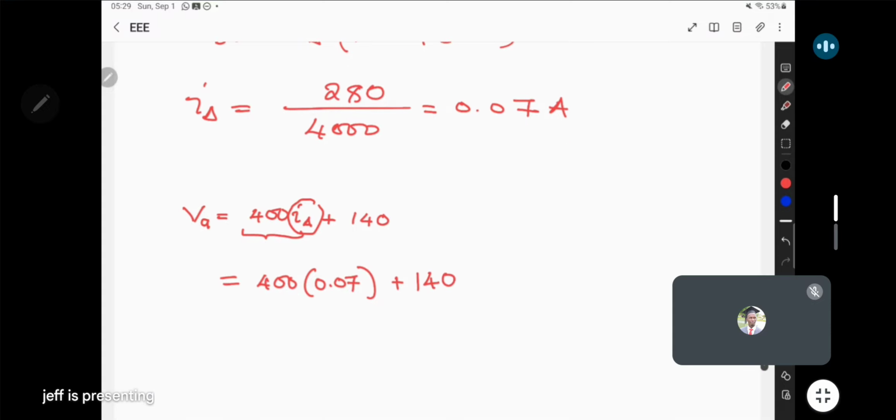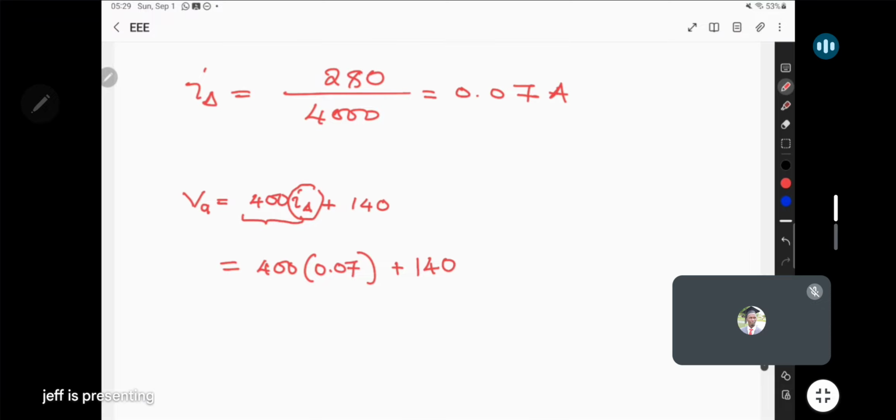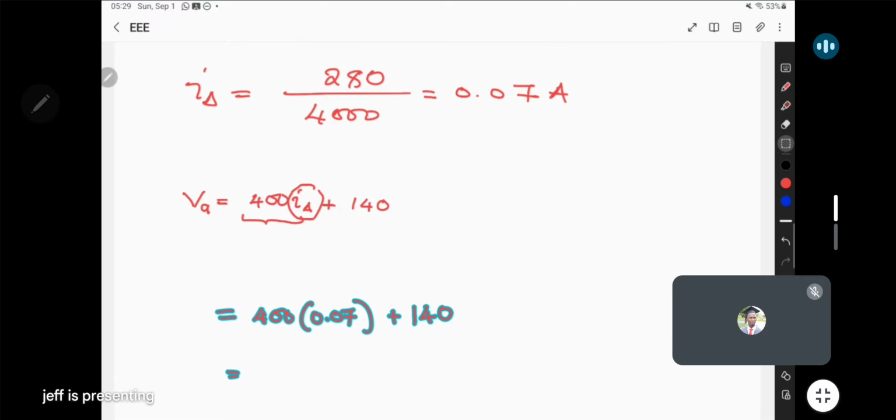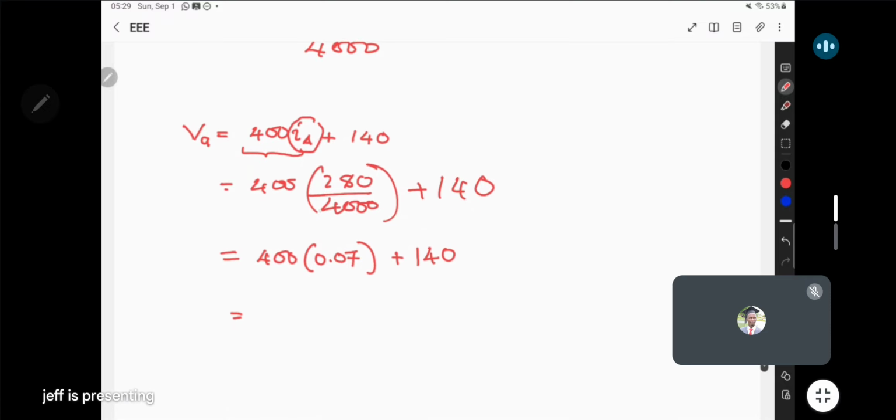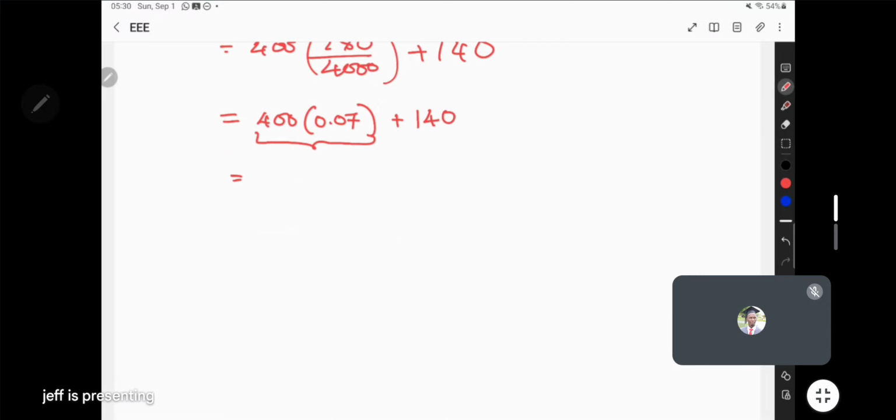In case you have decimals here, you can actually look at I delta as the fraction we had, 400 multiplying 280 over 4,000. You can still look at it that way in case you had decimals there. So what will be the final solution? Here we get 168 as our VA.